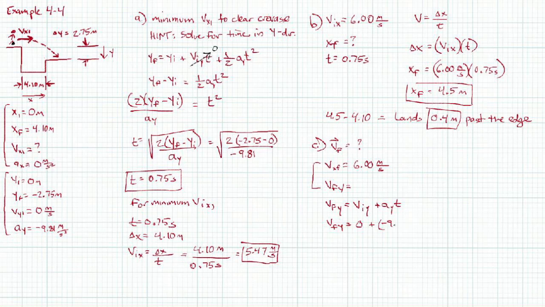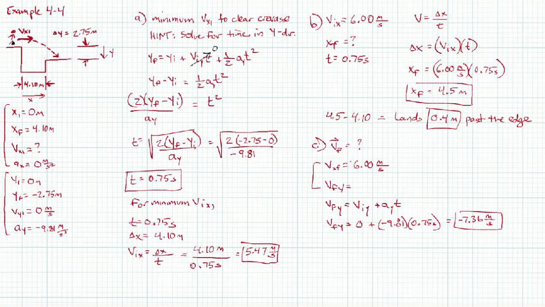Plus negative 9.81, our acceleration in the y direction, and our time is the same amount of time as before because he's falling the same distance, 0.75 seconds. Negative 9.81 times 0.75 seconds is negative 7.36 meters per second. That makes sense because the y velocity started at 0 and he's falling downward, so of course we have a negative velocity now.